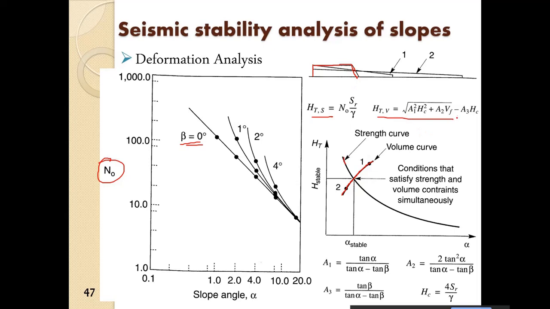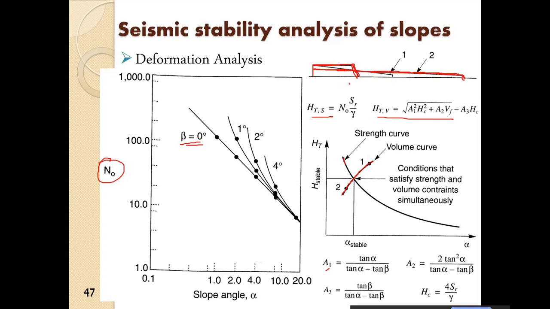So we have this volume over here. This is A1, A2, A3 and HC. After flow failure has occurred, it will flow up to this point, but the volume will remain the same; that is what they have assumed.